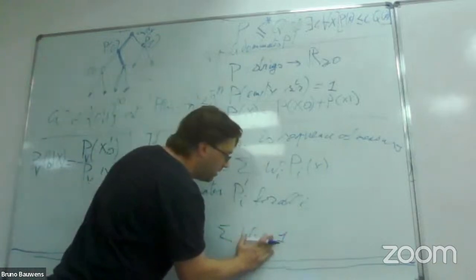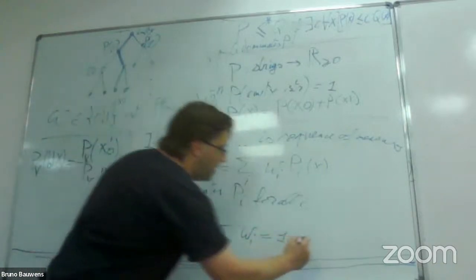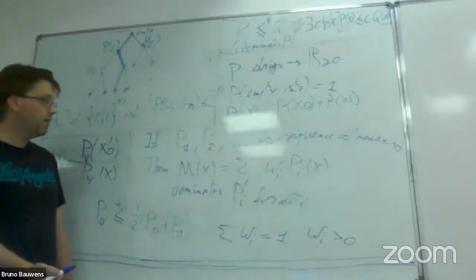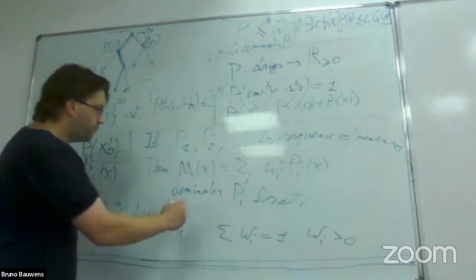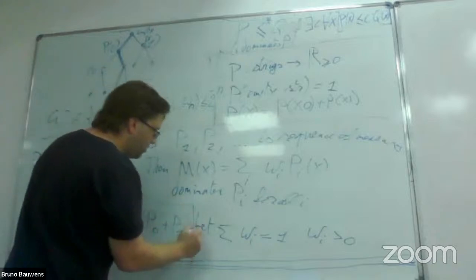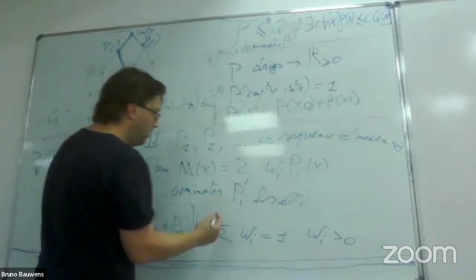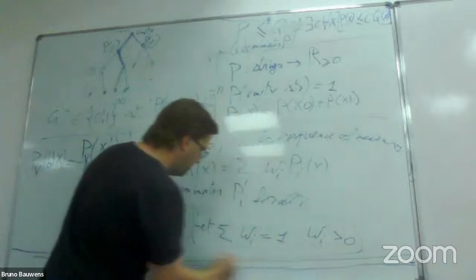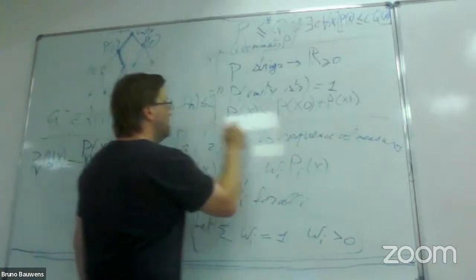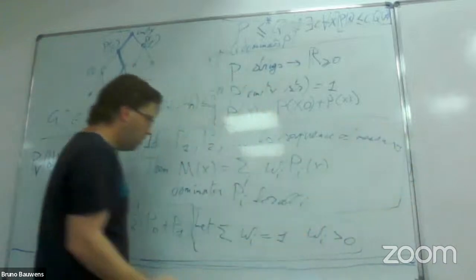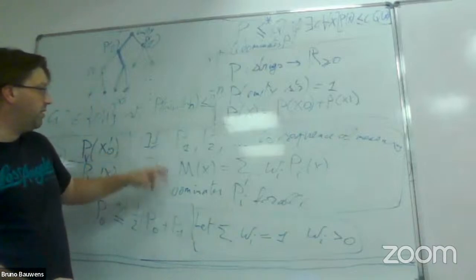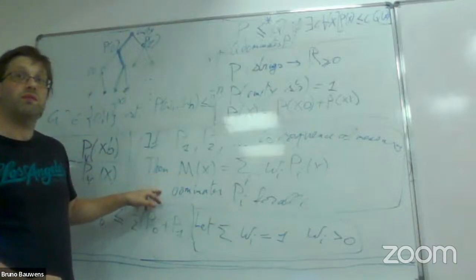Well, it needs to be exactly 1 if you want measures, and Wi must be bigger than 0. Then this will be true. That should be in the beginning of the lemma. Yeah, it's a bit messy. I will write it nicely in the lecture notes. So if we have coefficients satisfying this, then we get the measure that dominates all of them.